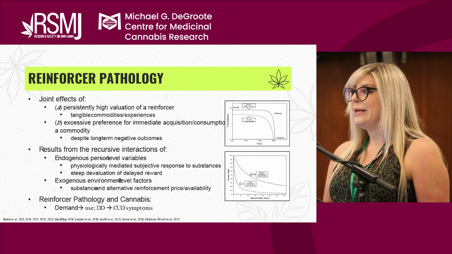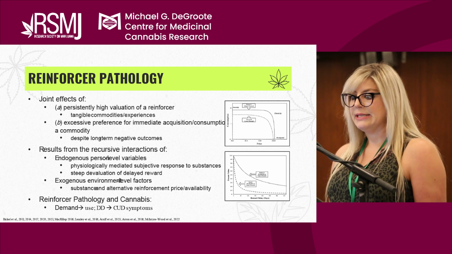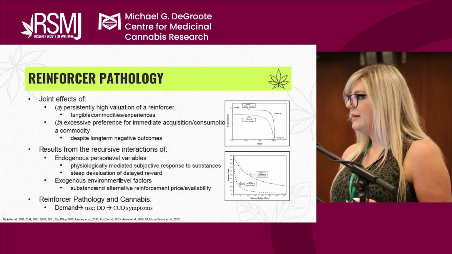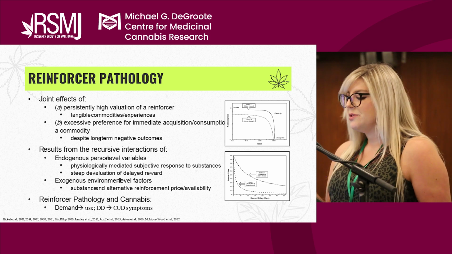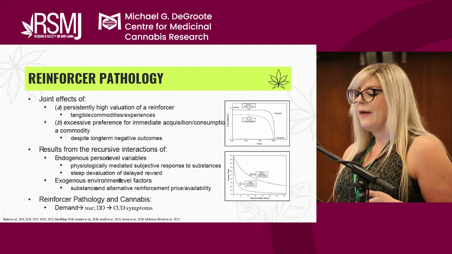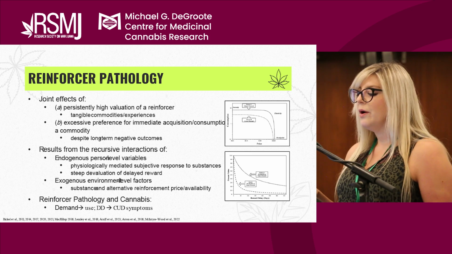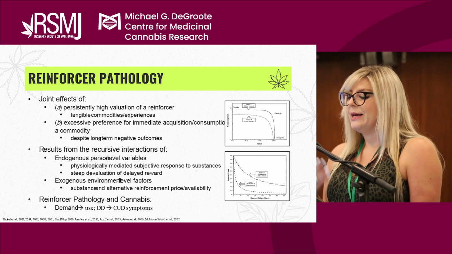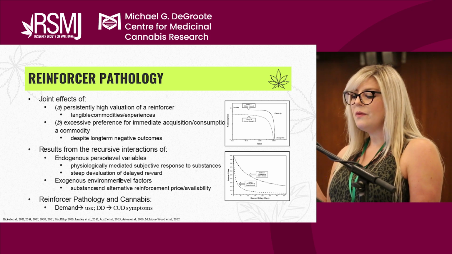And it's really the joint effects of these two things, demand and discounting. So it's this persistently high valuation of some kind of commodity or reinforcer. And those are usually tangible experiences or commodities. And we pair that with this excessive preference for those immediate rewards, right?